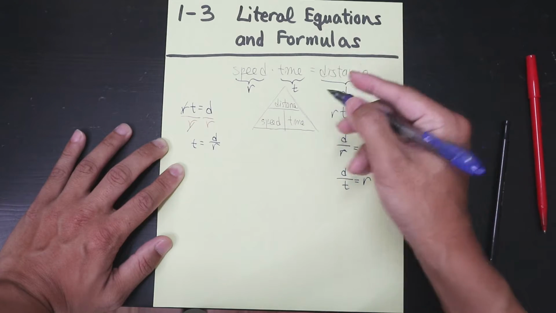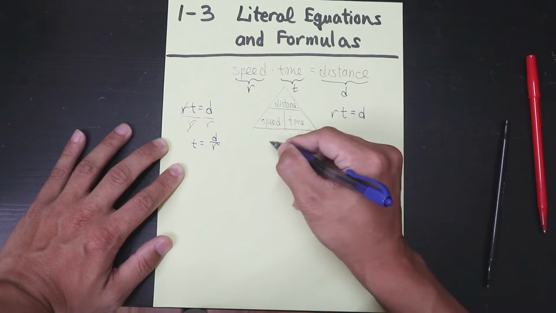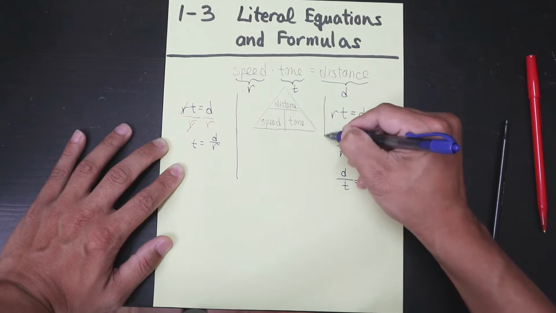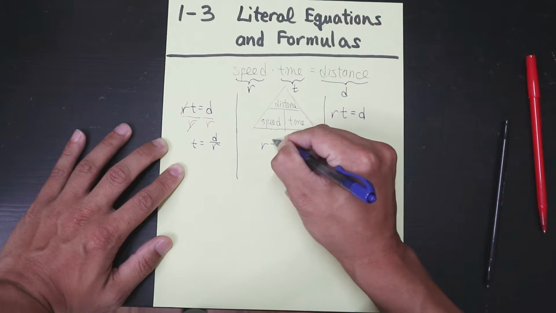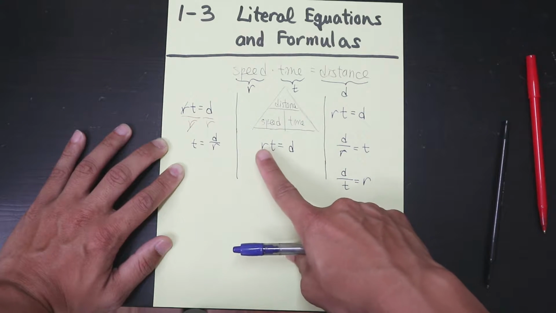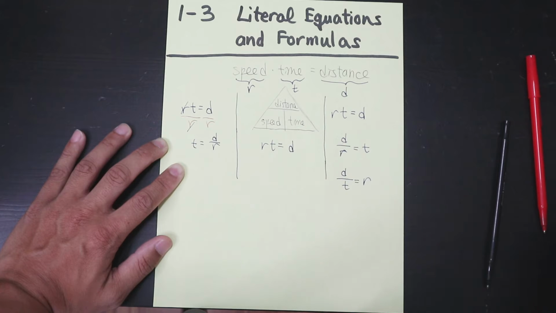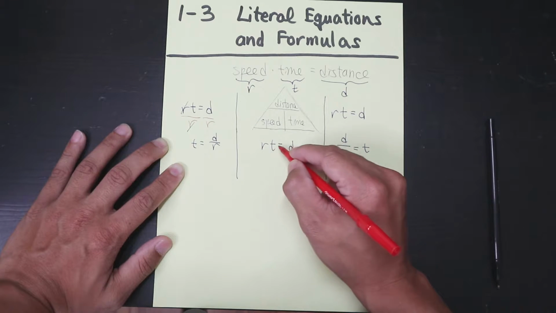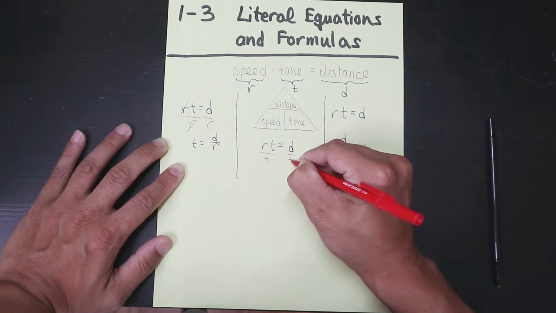Or if you don't want to do it that way, let me just draw a divider like this. If you were going to rewrite this formula and you want to isolate the r this time, so you don't want a t next to the r, you want to isolate the r. Since there's a multiplication relationship between r and t, you're going to divide by t on both sides.